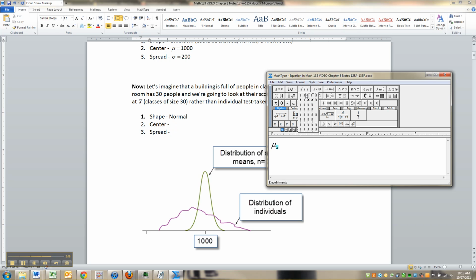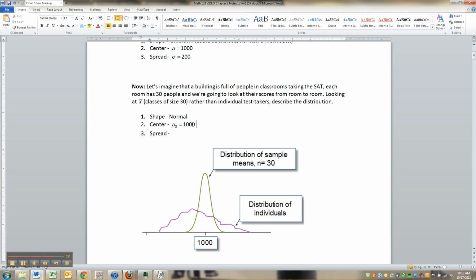So that's mu sub X bar, the mean of your means. You take one room's sample mean, the next room's sample mean, the next, add them all up and divide by how many rooms there were. But wait a second, shouldn't the averages for your rooms be the average for everybody, namely 1,000? Because if that's the average for everybody, then all the rooms should be about 1,000 for their average.